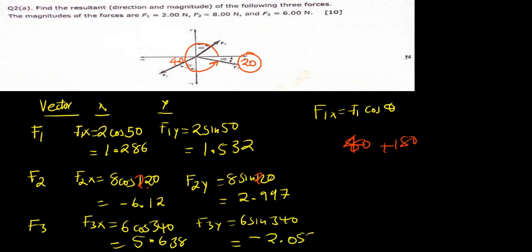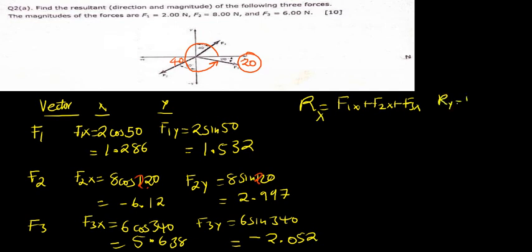Now that you found all the components, what is the question saying? Find the resultant. So the resultant in the x is simply F1x plus F2x plus F3x, and we also have the resultant in the y, which is F1y plus F2y plus F3y.